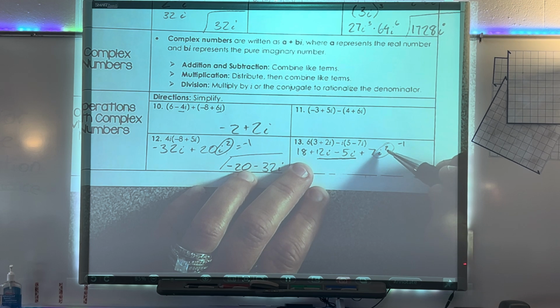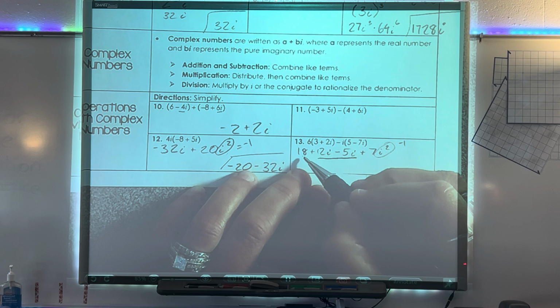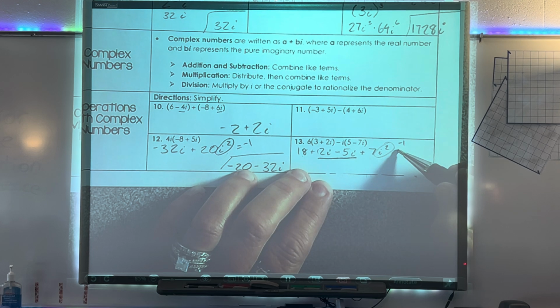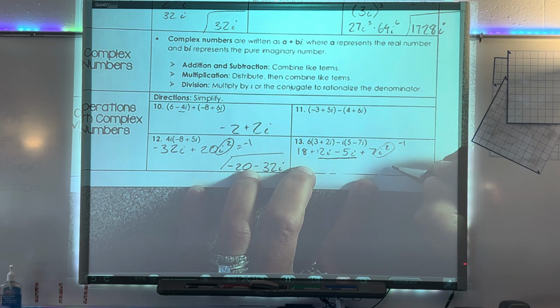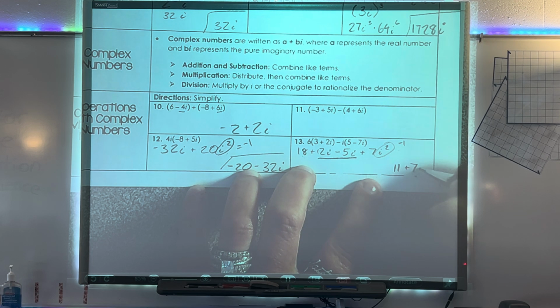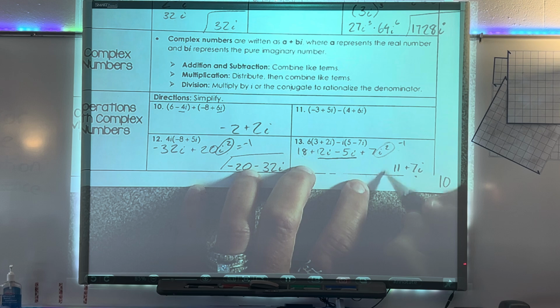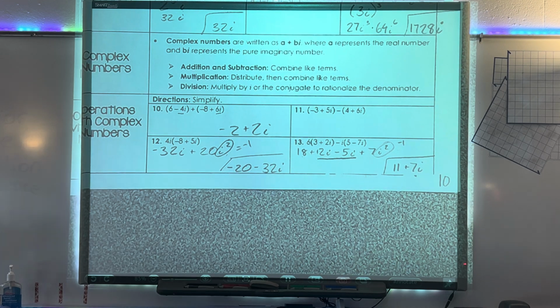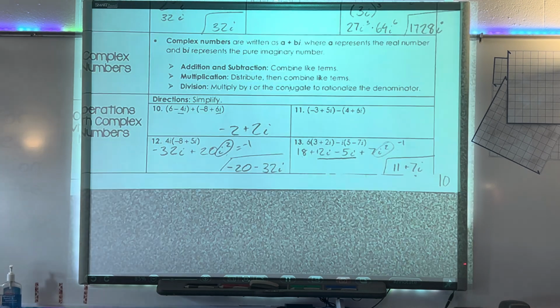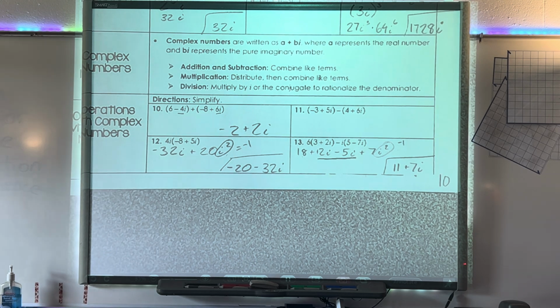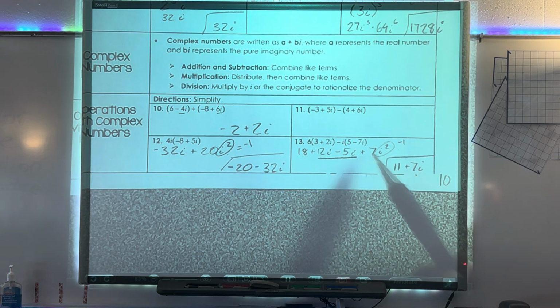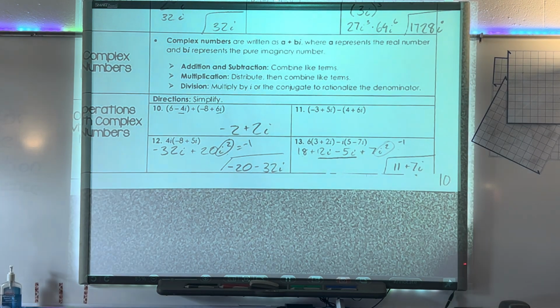Are y'all okay that becomes -7? Yes, sir. So I'm going to have 18 minus 7, which would be 11. And then 12 minus 5 would be 7, so plus 7i. Thank you, Rob. Y'all okay with that one? i squared is the one you see the most often. Then we change it to a -1. And then we have to multiply it times the coefficient there. Y'all good so far? Yes, sir.